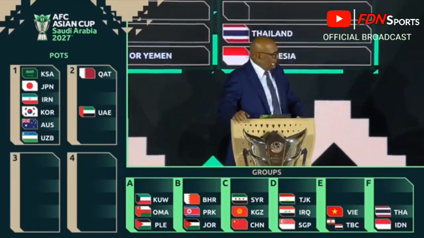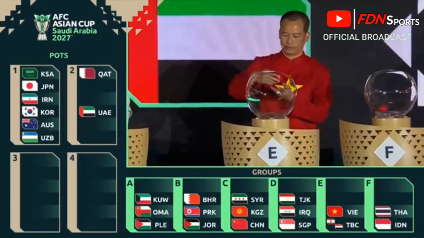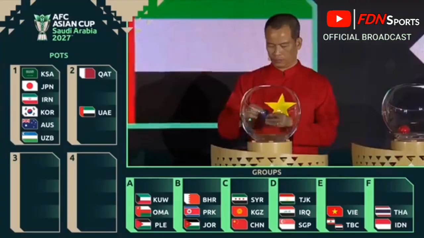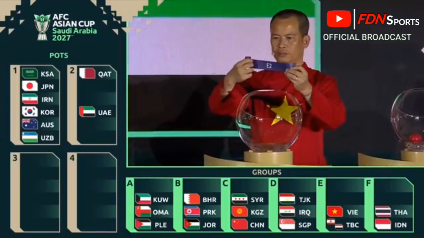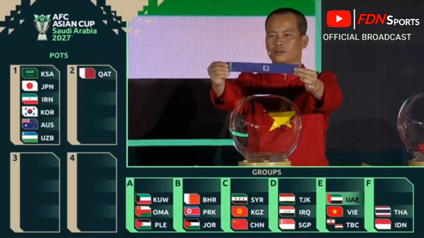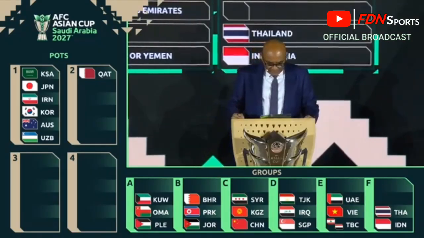They are in, let's see, Group E. Let's see the position. Ming Hai. E2. They will be in position E2, and they are grouped together with Vietnam, Lebanon, or Yemen.